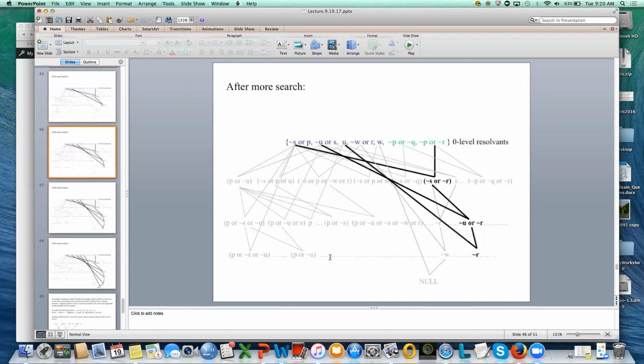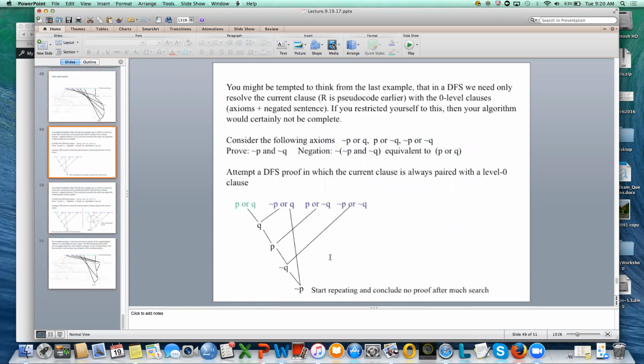In some settings, you might have a situation like this, and if you were to force yourself to resolve only with things in the last step, you might enter a repeating loop.